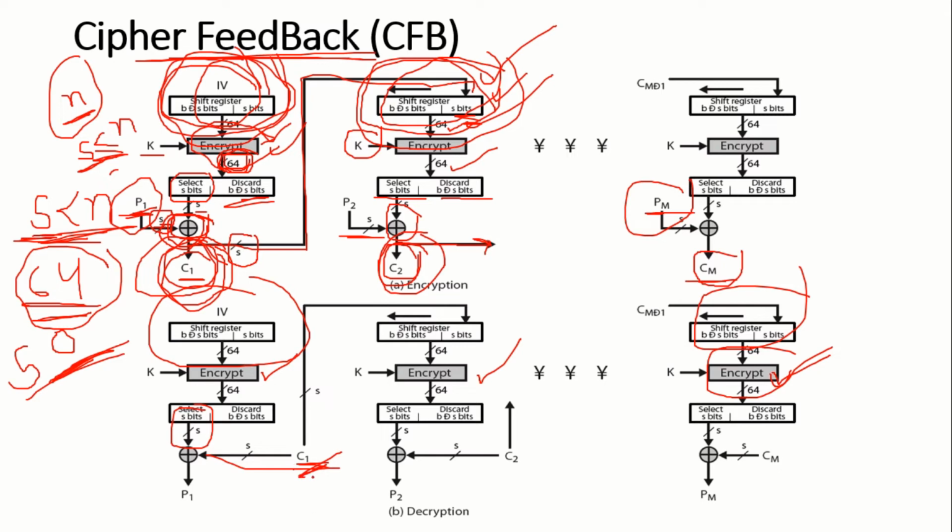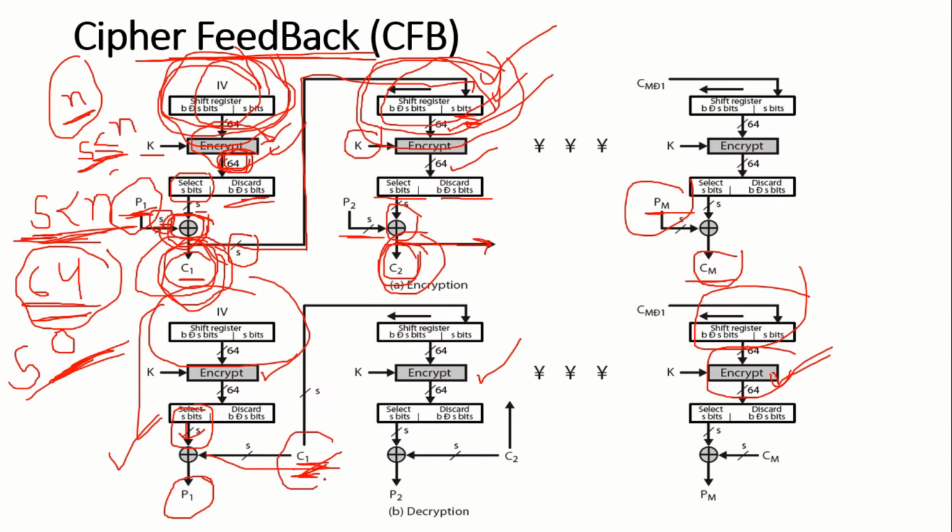So we will be having this C1 for the first step, and we will be XORing it with this output which we have got from the previous operation. As a result, we'll be getting the first block of the plain text.